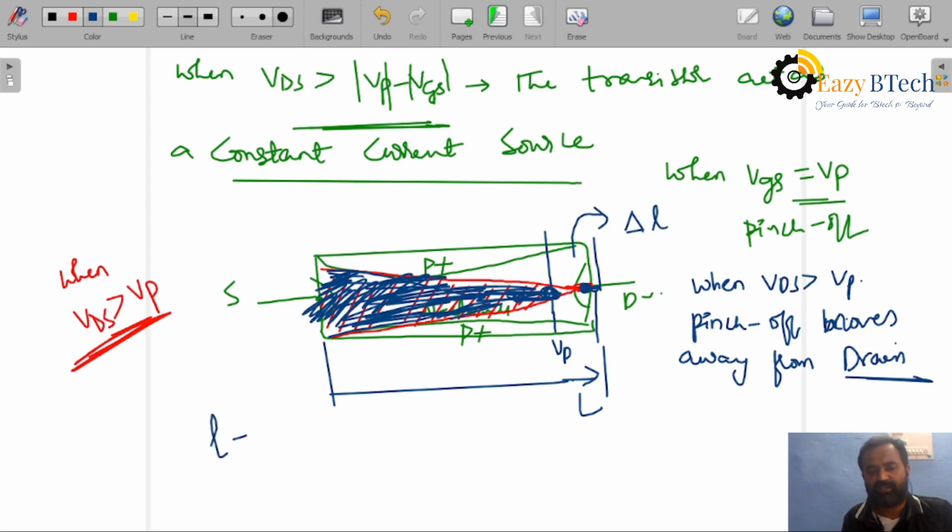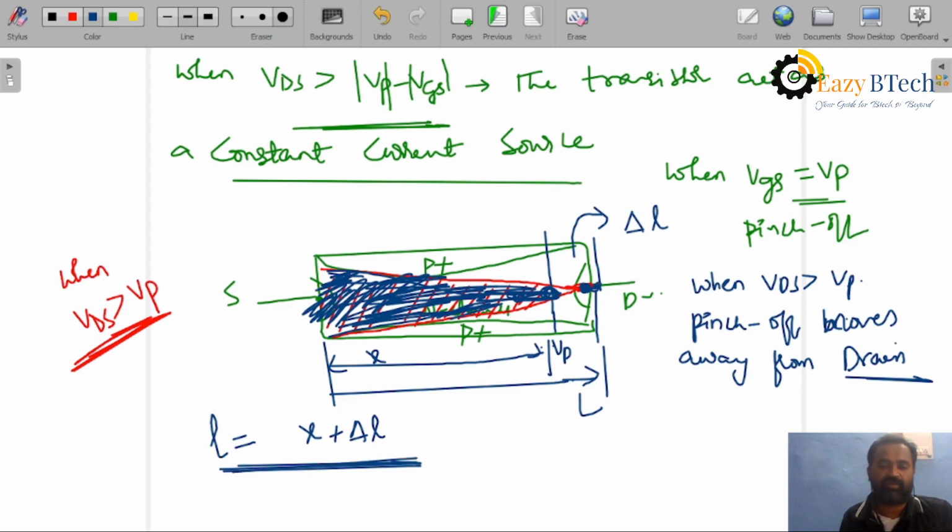The total length is x plus the change in length. Is it clear? The point shifts.